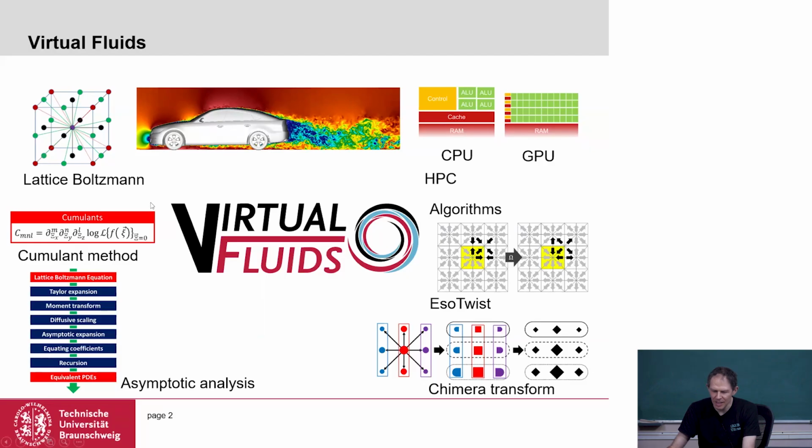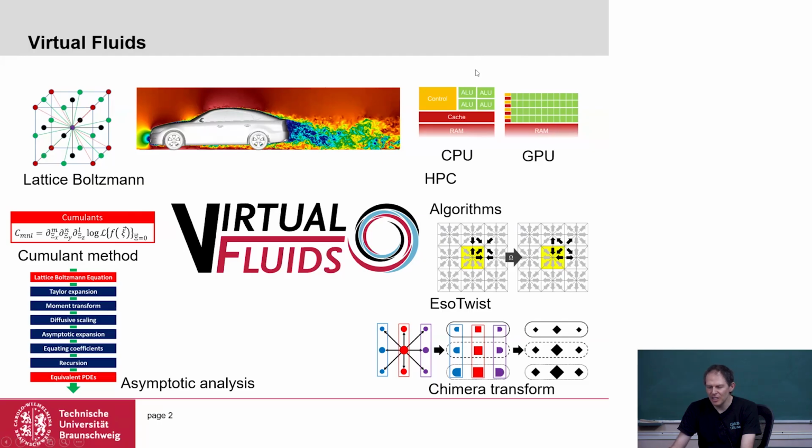And that is, of course, the cumulant method that we have been talking about today. So we are using cumulant, we are using the D3Q27 lattice. Again, we are not offering many different collision kernels or many different lattice discretizations. We focus on the one thing that we think is the most important.